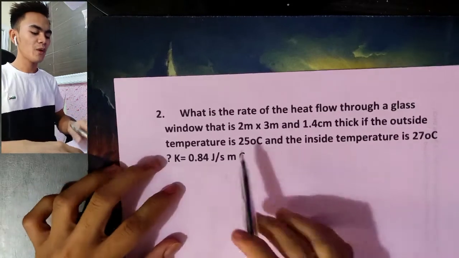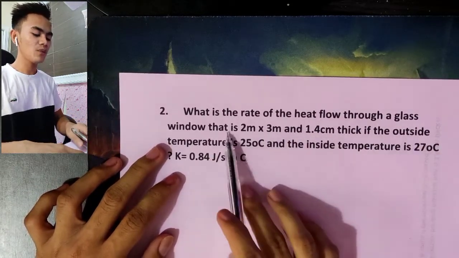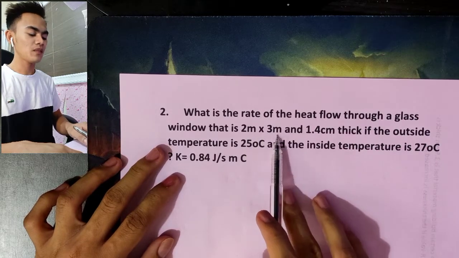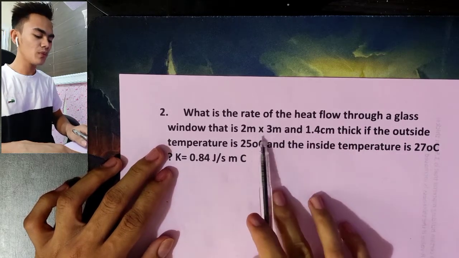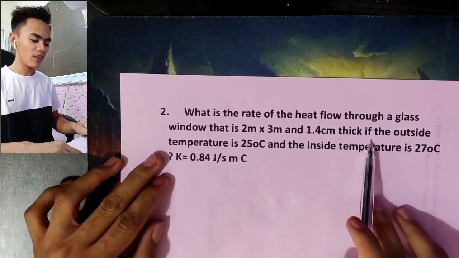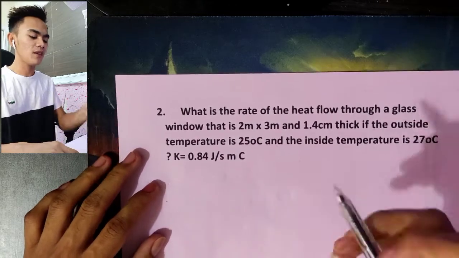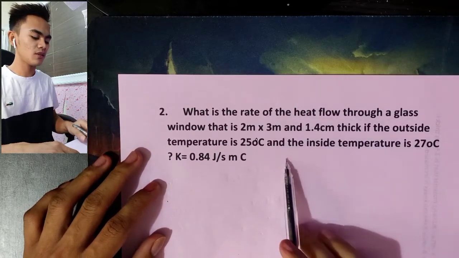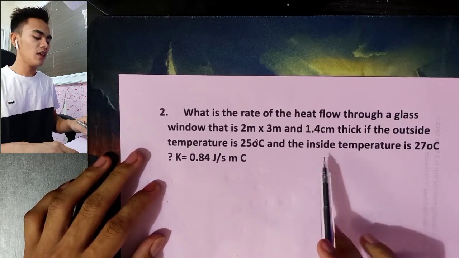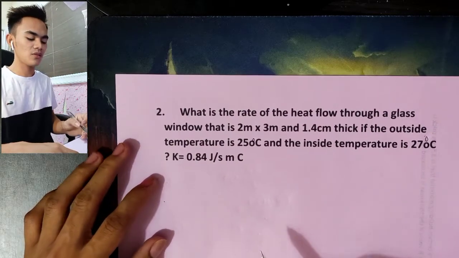Number 2. What is the rate of the heat flow through a glass window that is 2 meter by 3 meter and 1.4 centimeter thick if the outside temperature is 25 degrees Celsius and the inside temperature is 27 degrees Celsius?